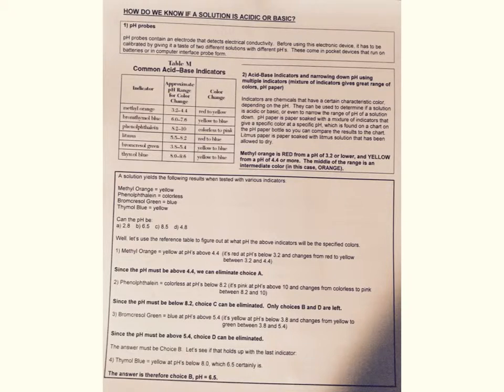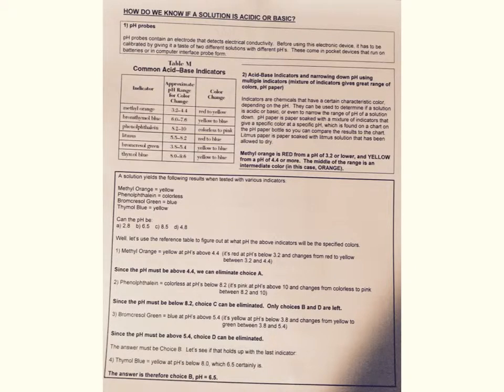So if I have 2 glasses of clear liquid in front of me, how do I know if the solution is water or it's an acid or a base? Well, I certainly don't want to taste it. We can use what's called a pH probe, which is a metal probe that detects electrical conductivity. Or we can use what's more practical, common acid-base indicators. An indicator is something that changes color in the presence of a solution.